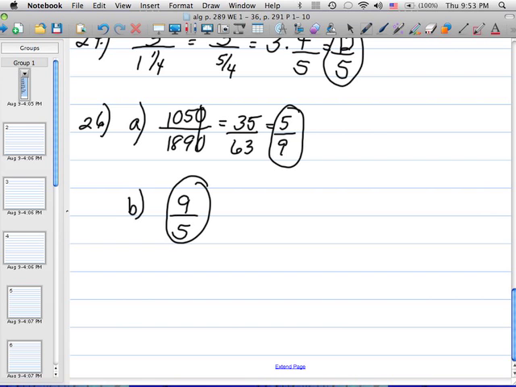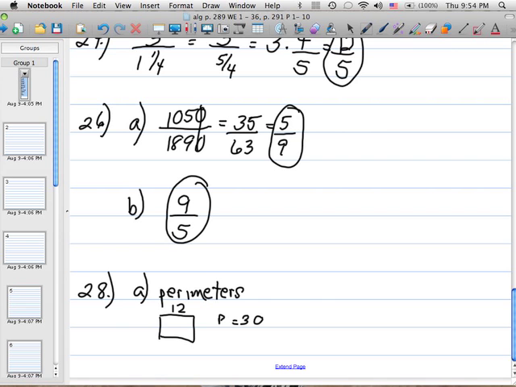Numbers 28 through 30, find the ratio of the perimeters and then the areas of each pair. So we have 2 parts to these answers, so please make sure you do both parts. 28, we want the ratio of the perimeters first. And it's a rectangle with length 12 and a perimeter of 30.